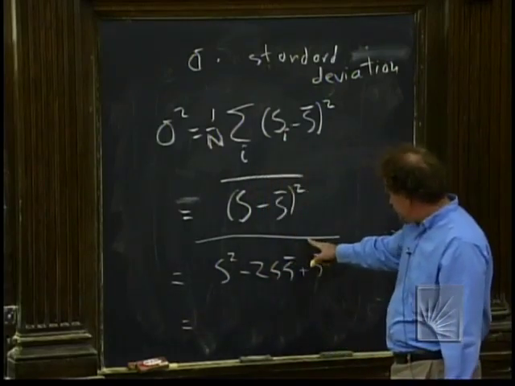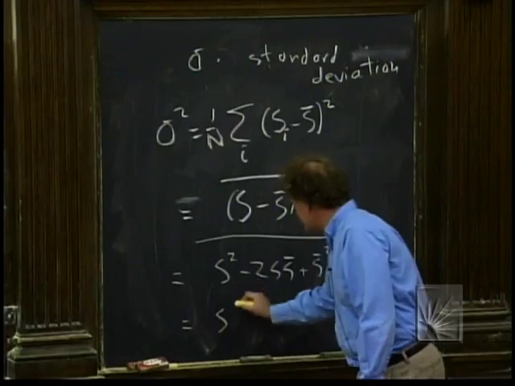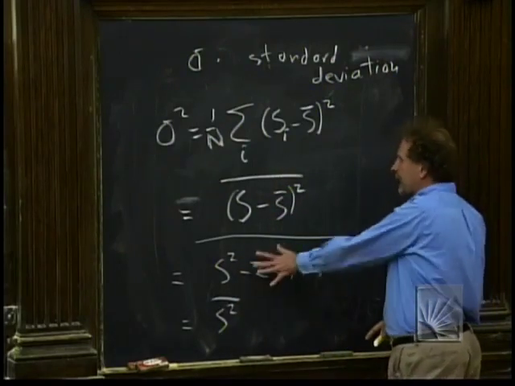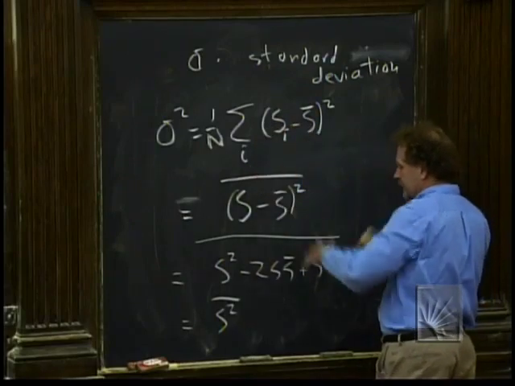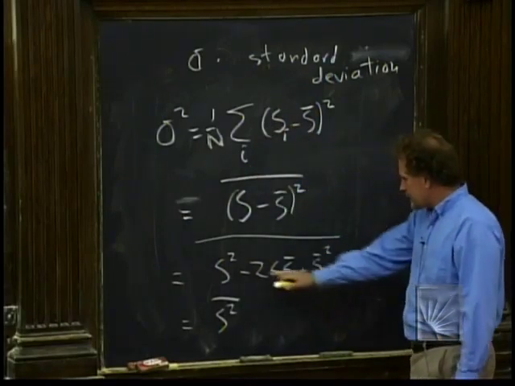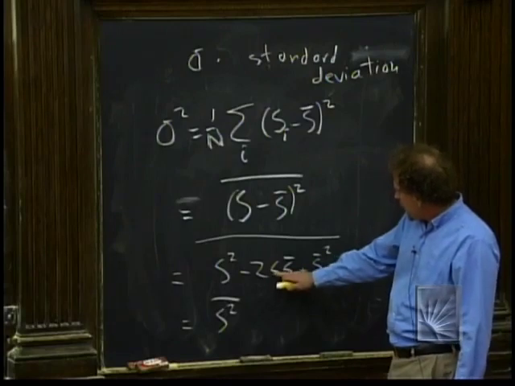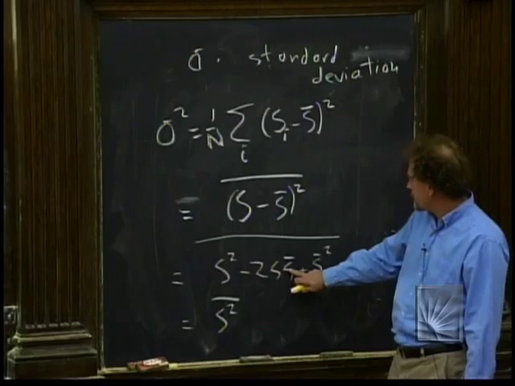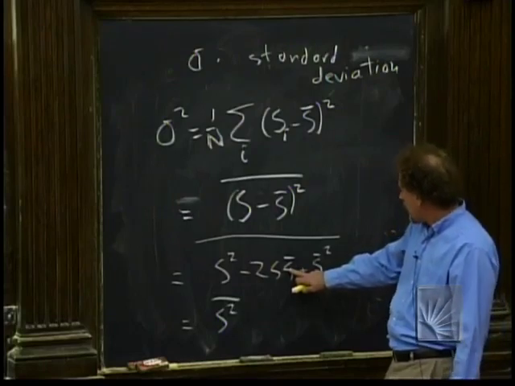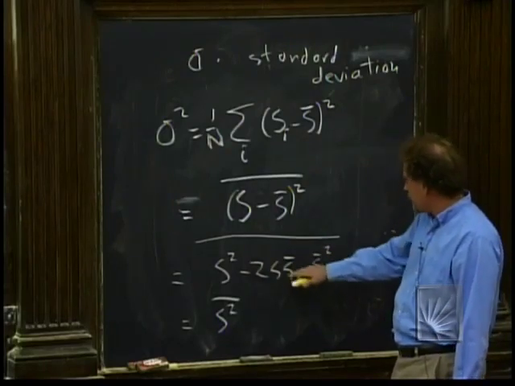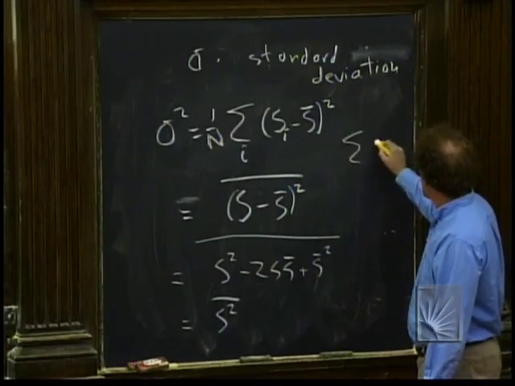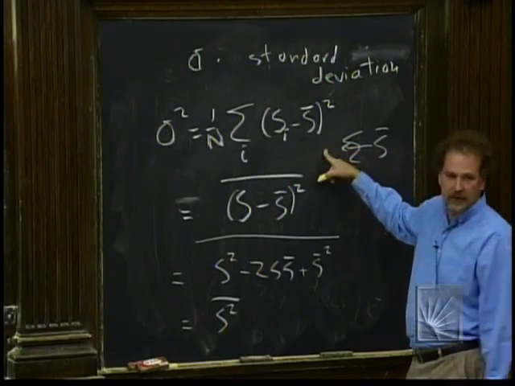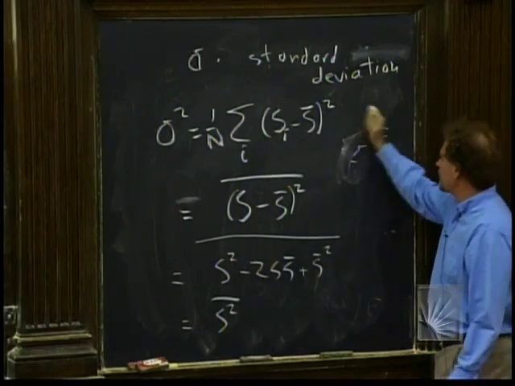Okay, but let's think about this a second. So this is s squared average. These things just add up, so they separate out. If I had them in a summation, I can just separate the terms. This is 2s bar, and I'm going to average s. This number here is a constant. It is the average, and so the averaging doesn't affect it. If I have something I'm averaging, and there's a constant inside, that can come outside the summation symbol. It's just a factor for all the terms in the summation.